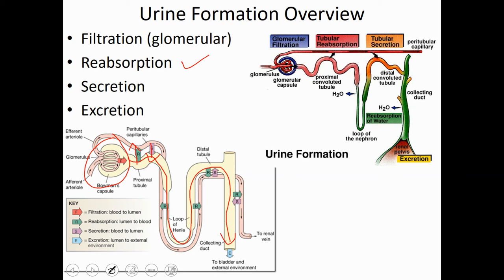But secretion is going from the blood directly into what we call filtrate. And then we have what's called excretion, which is down here, which just means sending it out of our kidneys and bringing it to our bladders. Okay, so those are just a few terms that we will see moving forward.